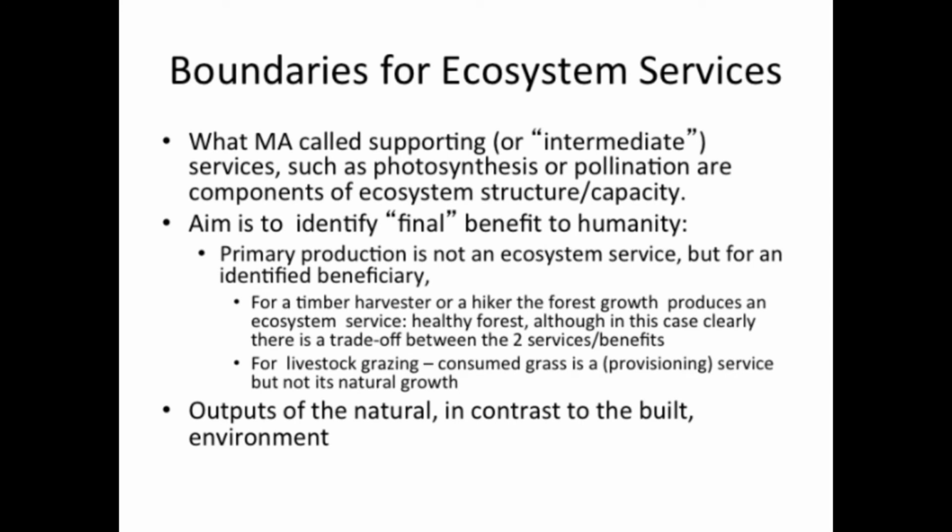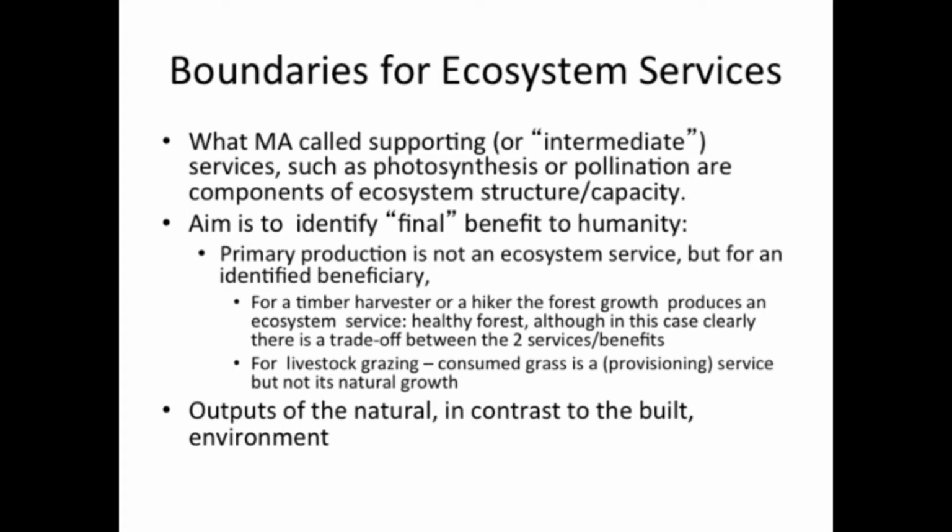So in terms of boundaries for how we define these ecosystem services, again, the logic as identified for the FEGS and for the experimental ecosystem accounts by the UN are generally the same.